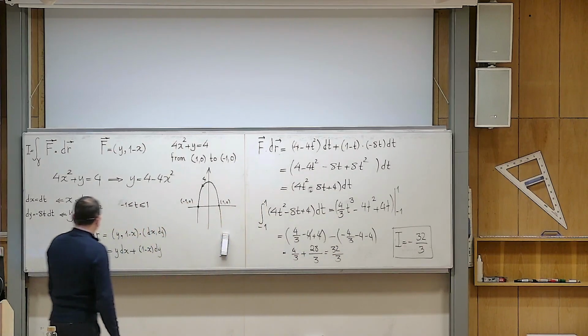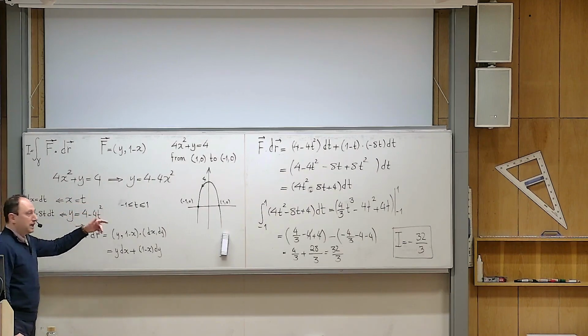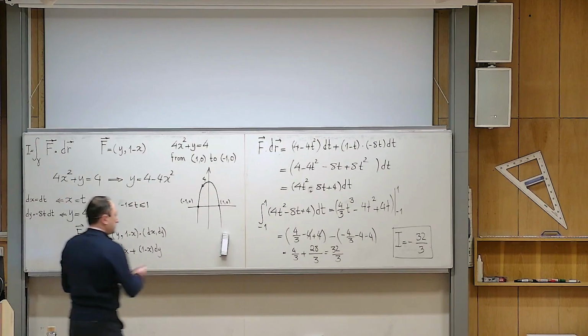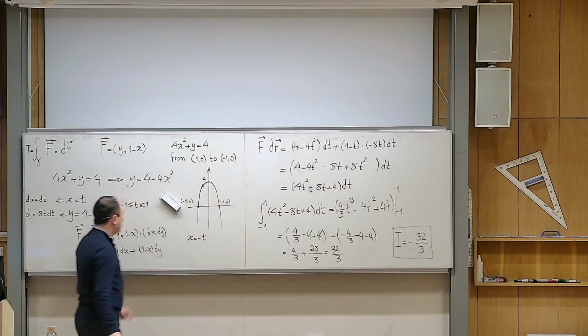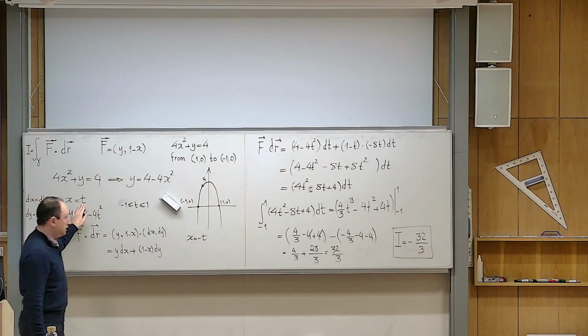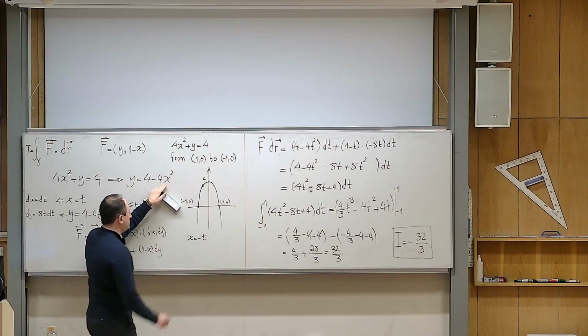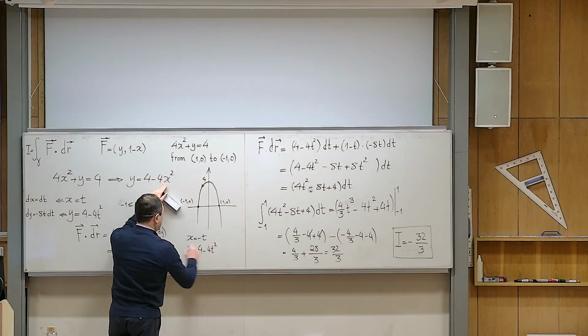Another way to do that is to change the parameterization a little bit so that it actually goes into the correct direction. For example, you can choose x to be minus t rather than t from the beginning. It will not affect the y value, because if I raise it to power 2, again y becomes 4 minus 4t squared.